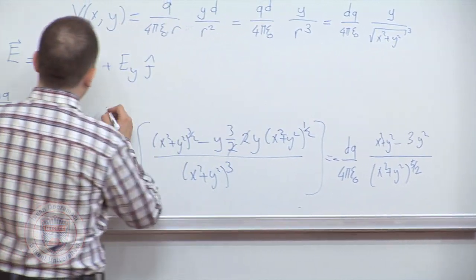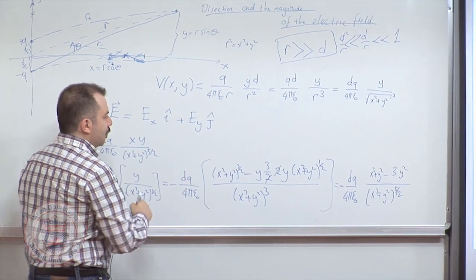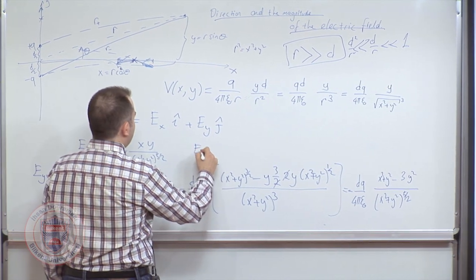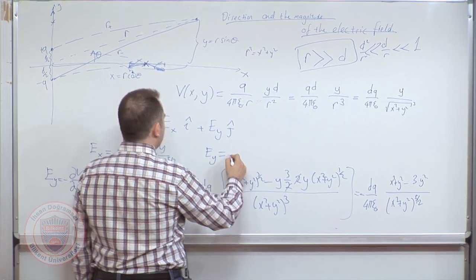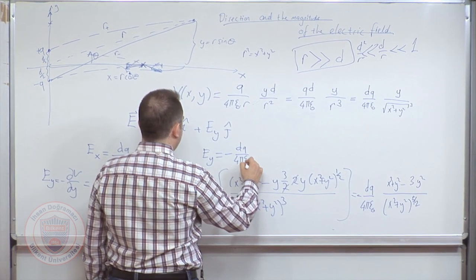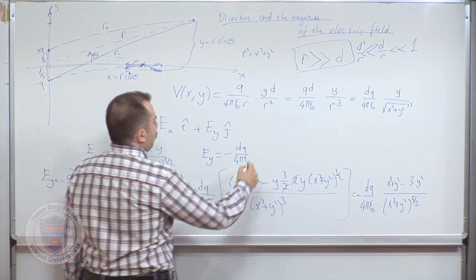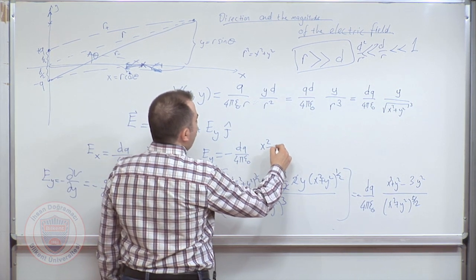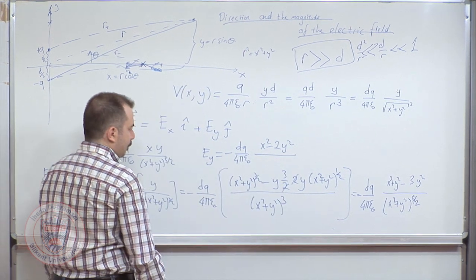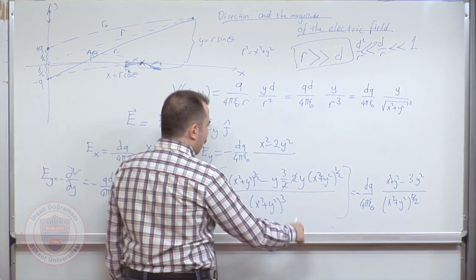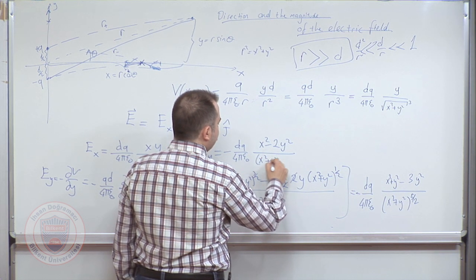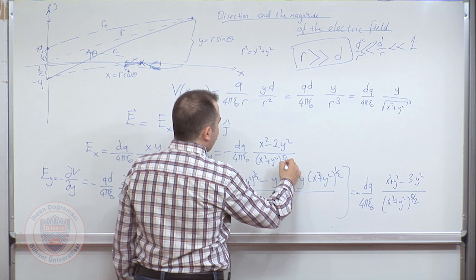So now I can probably just write the result. Ey is minus dq over 4 pi epsilon 0 times x squared minus 2y squared divided by x squared plus y squared to the 5/2.